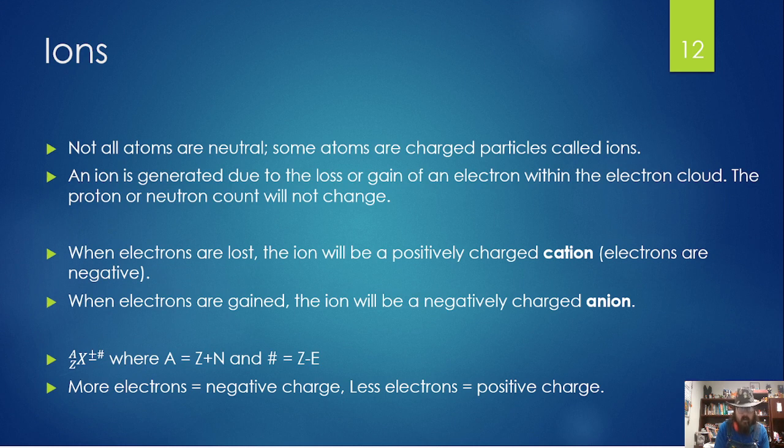When we write these charged particles, we add a superscript behind the element with either a positive or negative charge, which talks about how many protons we have in comparison to the electrons. So it's the difference between protons and electrons. When we have more electrons, we get a negative answer. When we have less electrons, we get a positive answer.